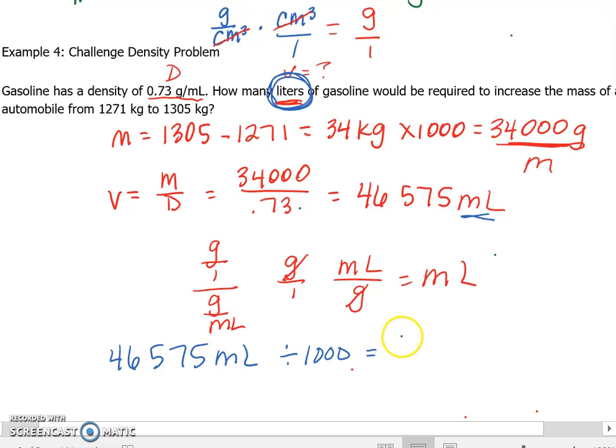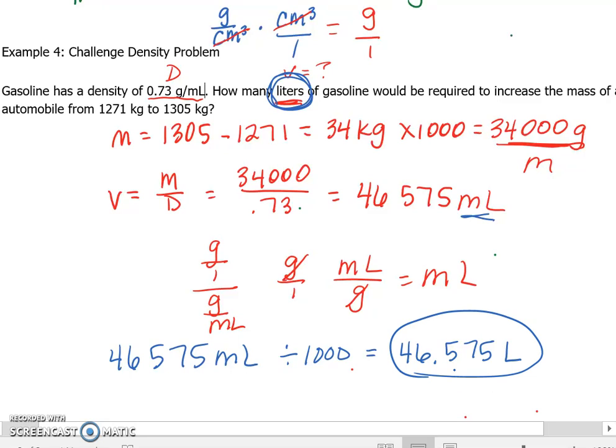And so my answer in liters would be 46.575 liters. And that would then be my final answer to this challenge problem.